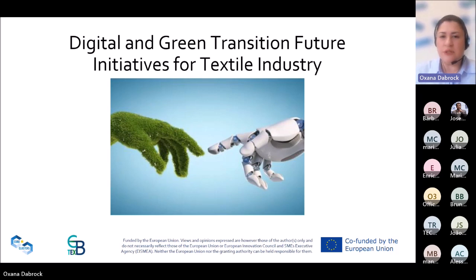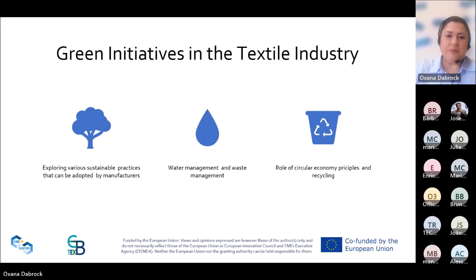Now, after sorting out all the risks, mitigation and solutions on short term and long term, some future thoughts or some future initiative will be digital and green transition for textile industry.